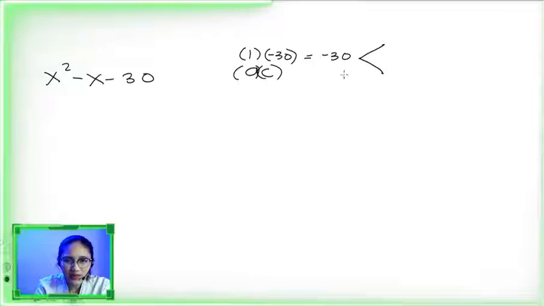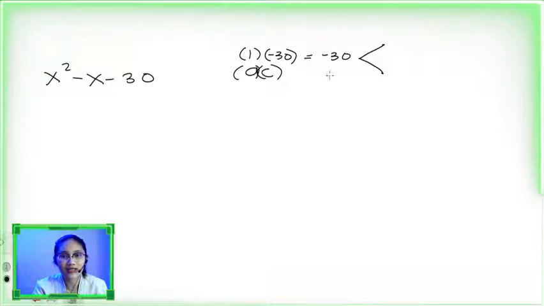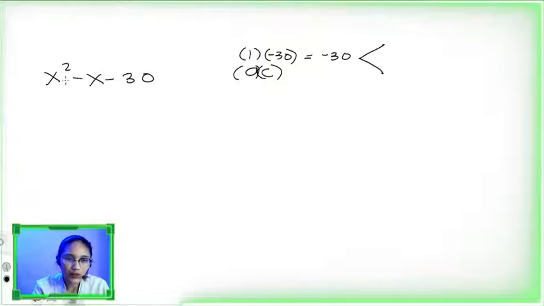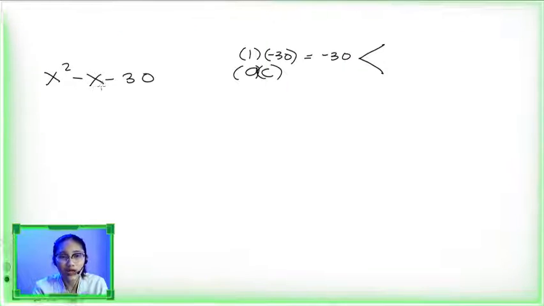So, since the product is negative 30, that means these two numbers are having different signs. Yung isa ay positive, yung isa ay negative. Since ang linear term natin ay negative, which is negative 1, ang numerical coefficient, meaning to say yung greater number ay negative.